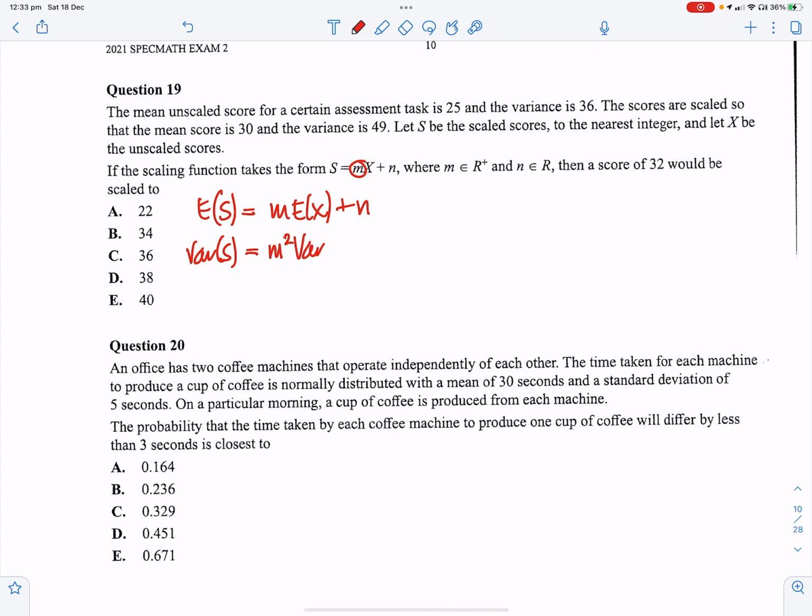We know that's equal to 30, and we know that's equal to 49. Var of X we know is 36, and E of X we know is, oh no, 25.